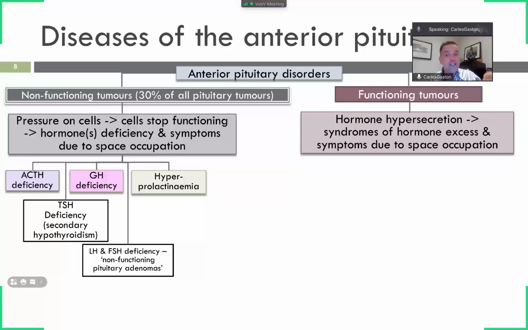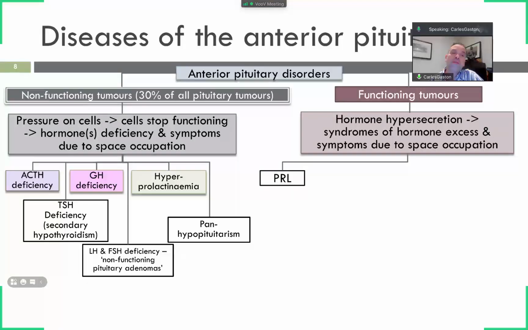So if there is breakage with the hypothalamus because there is a tumor growing, then there's going to be more secretion of prolactin, leading to hyperprolactinemia. And obviously, if the tumor affects lots of cell types, it can lead to panhypopituitarism.